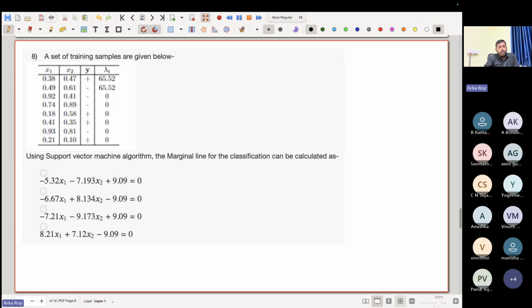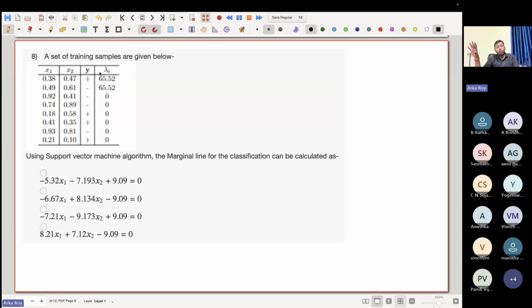And corresponding to that, we have got the Lagrangian multiplier values as well. So we know that for training an SVM, we have to find out what the support vectors are. And we know for the support vectors, the Lagrangian multiplier should be non-zero.